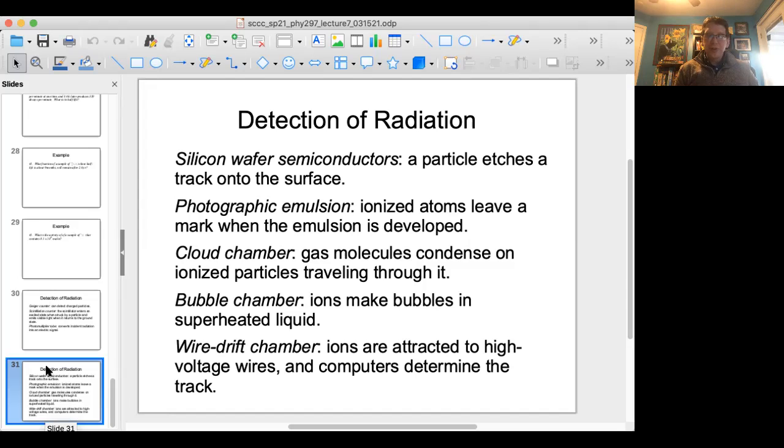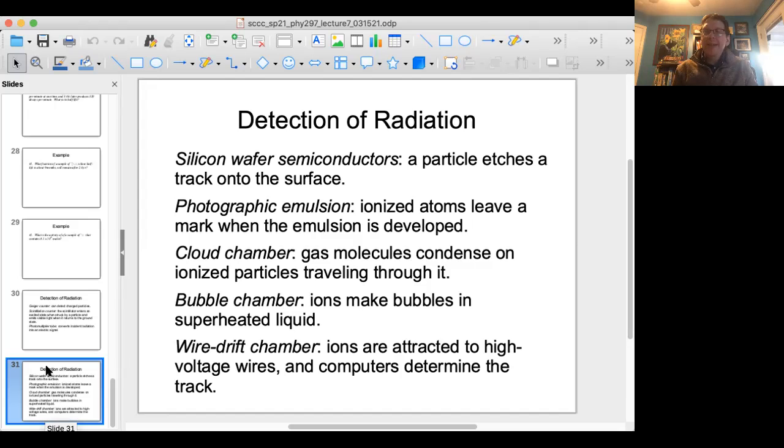And you can also use what's called a wire drift chamber, where you have high voltage wires. And when ions interact with the high voltage wires, they send a signal that a computer can use to determine the track. So again, it's the most high-tech example.